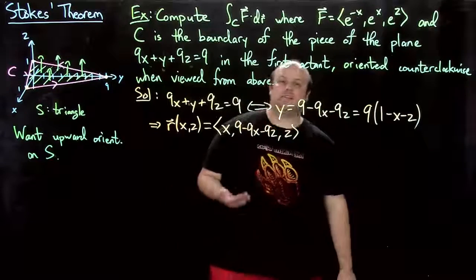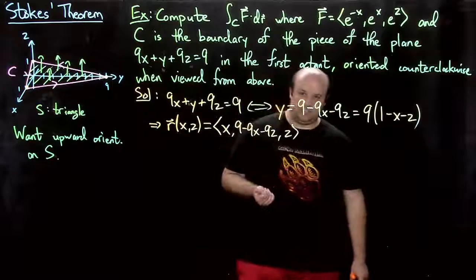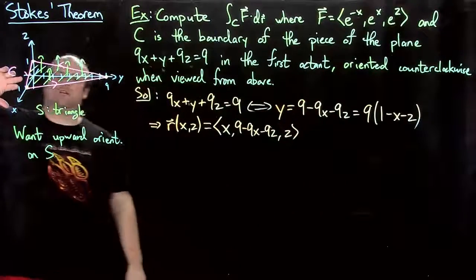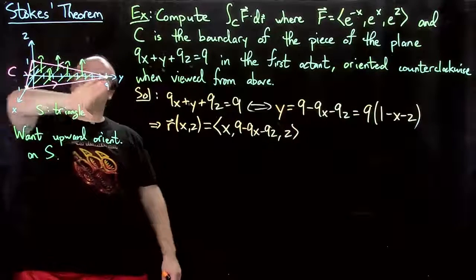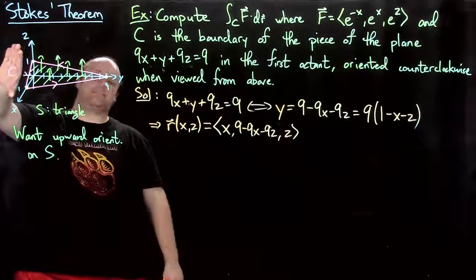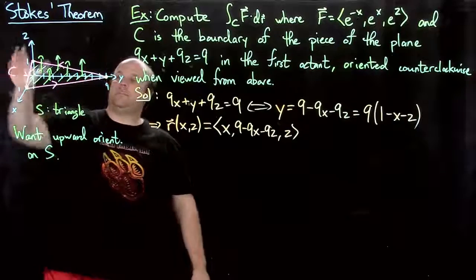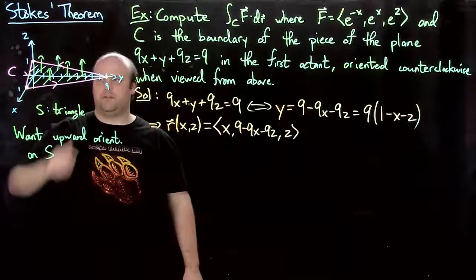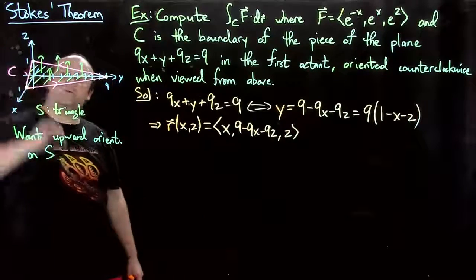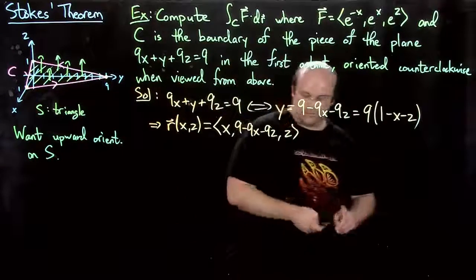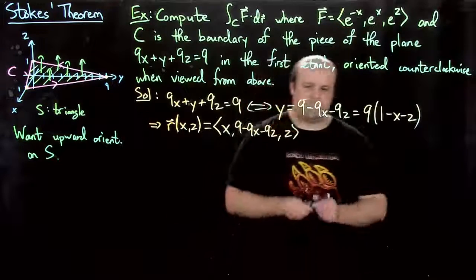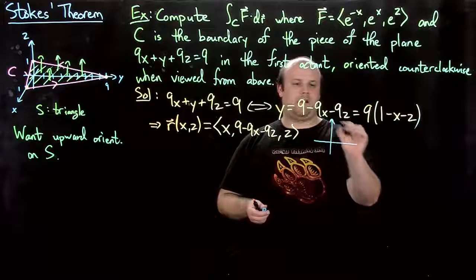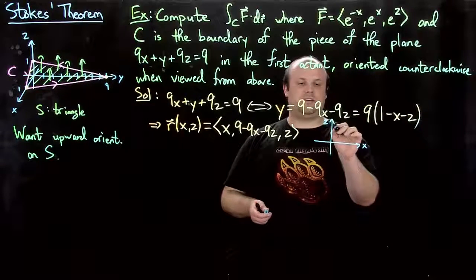But now you ask, what is the domain of that parameterization? The domain is the region, the shadow of this surface in the xz plane, because we just want the different x and z values that it can vary over. If we draw that out, here's x and here's z.